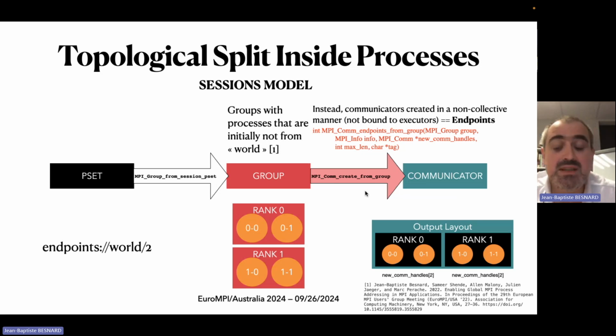Now imagine we want to create endpoints, or ideas similar to endpoints, with it. We could use a P set which would have a number in it. So we would create two endpoints over world. The syntax is to be discussed, but the idea is we want to have two endpoints inside each process from world. So here you can just get a group, but this group would have the specificity that it has some ranks inside which are not from world, which is something strange.